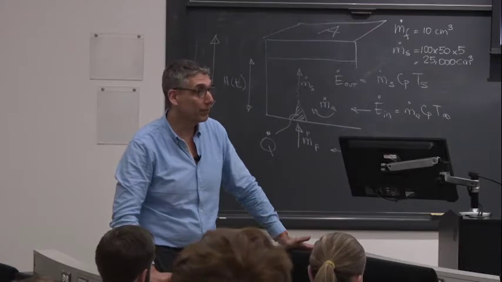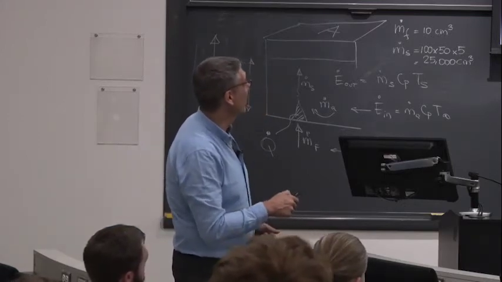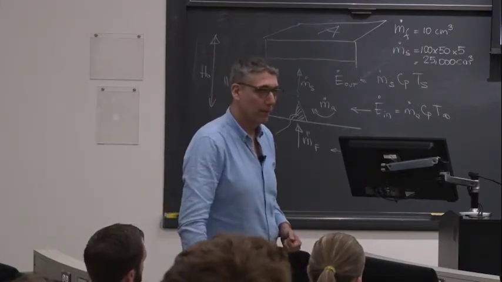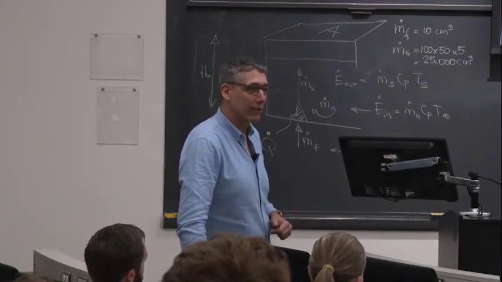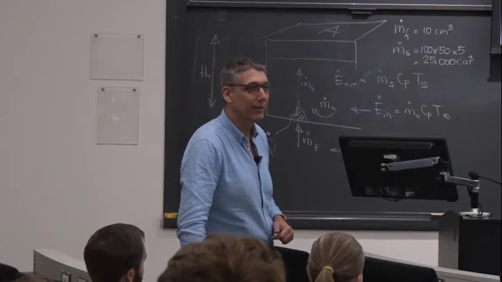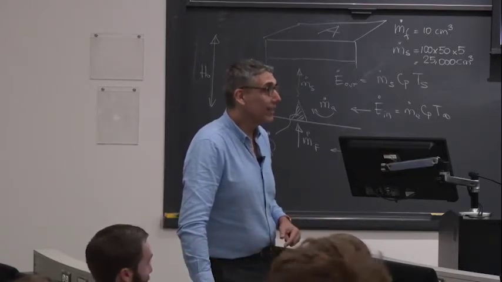Everybody's happy? So if you look at it and I do the calculations, my MF divided by MA is 4 times 10 to the minus 4. So would that be an acceptable error of 0.04%? I think so, no? Is that okay?